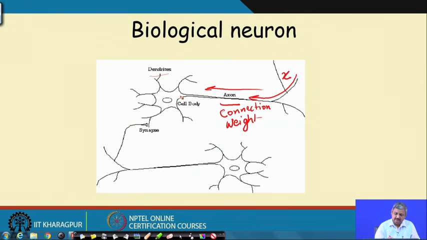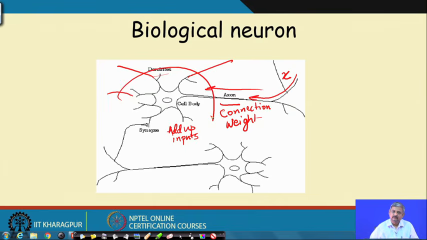And then this cell body receives a lot of such connections, and it does two operations. It adds them up, aggregates the inputs. It will have multiple such neurons connecting to it, it will add up all these things, and then it will apply some kind of threshold.